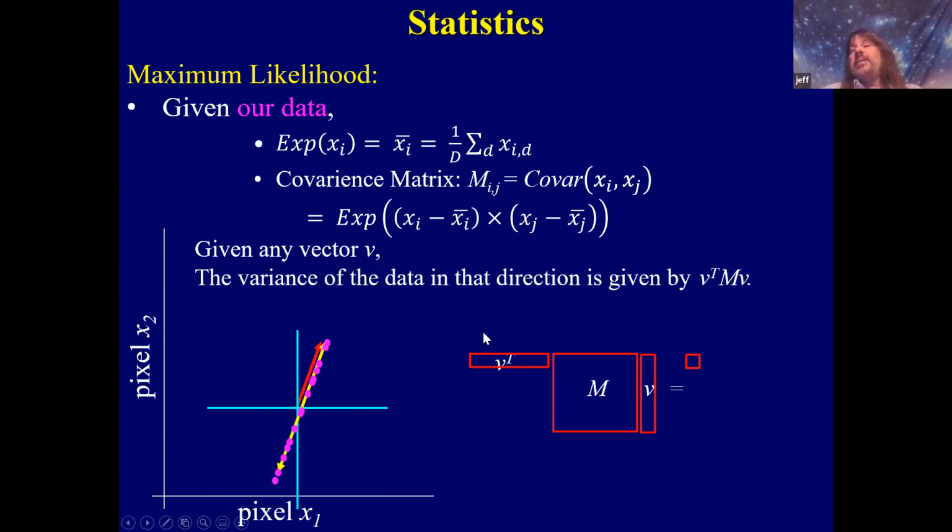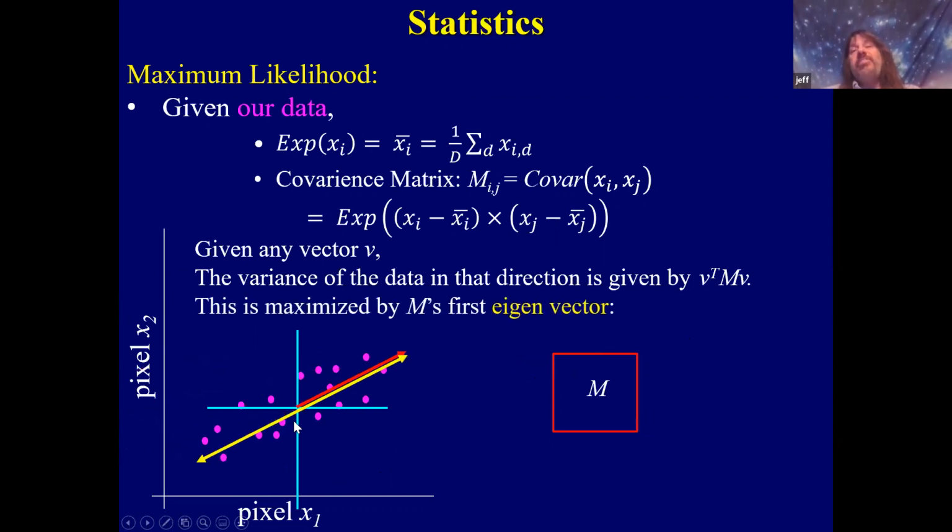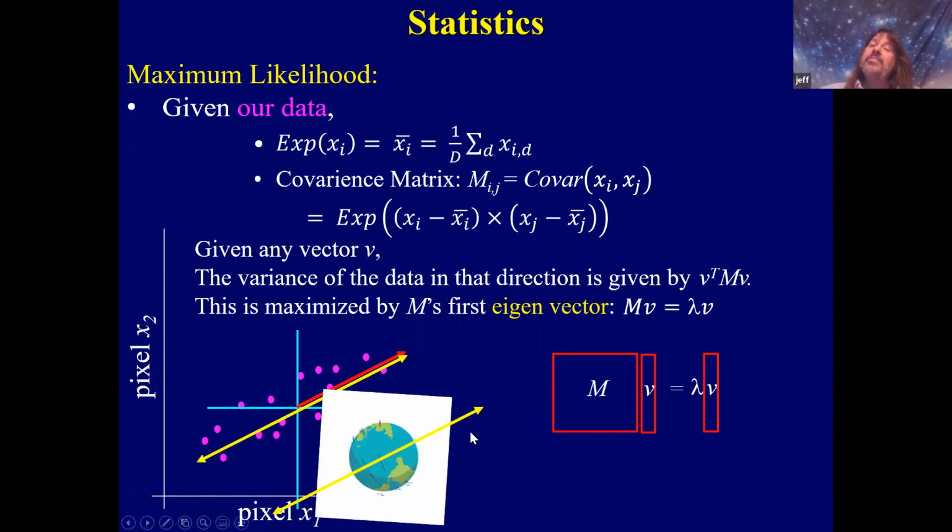The way we do that is we take our covariance matrix and multiply it by this vector, and by the vector transpose. That gives us the variance if you're moving back and forth in this direction. So what do we want to find? The vector that maximizes the variance along it. For those of you who know about eigenvectors, an eigenvector has to do with what's stationary in a transformation.